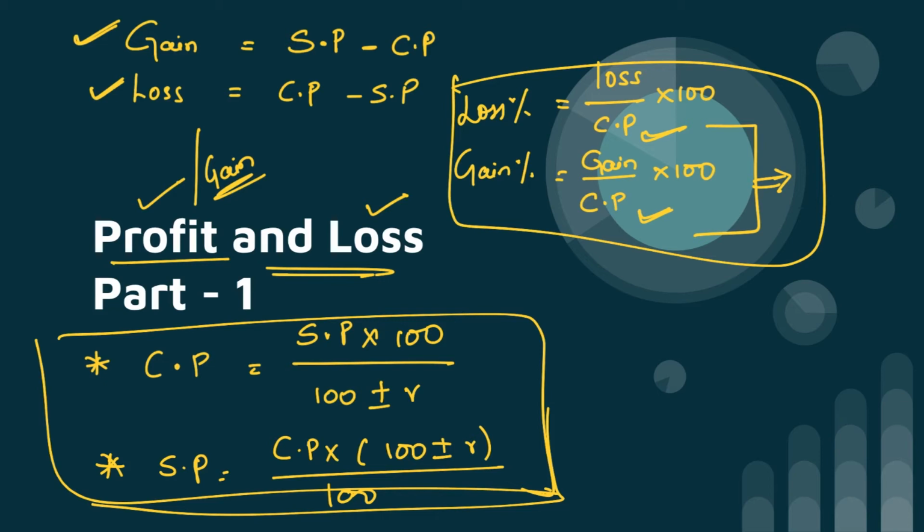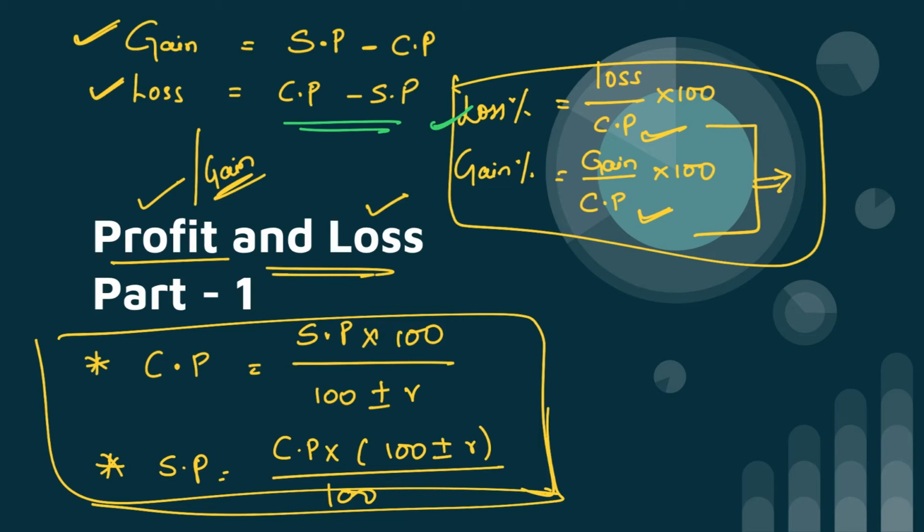To find gain: selling price minus cost price, and to find the loss occurred: cost price minus selling price. To find a loss percentage: loss divided by cost price into 100, and to find a gain percentage: gain divided by cost price into 100.